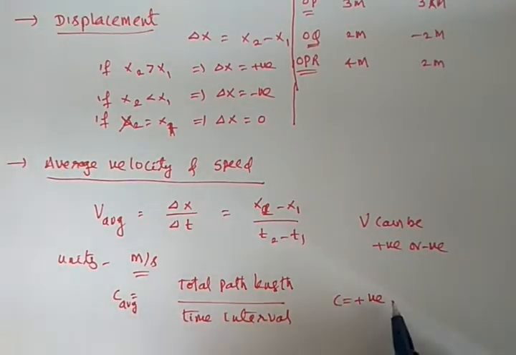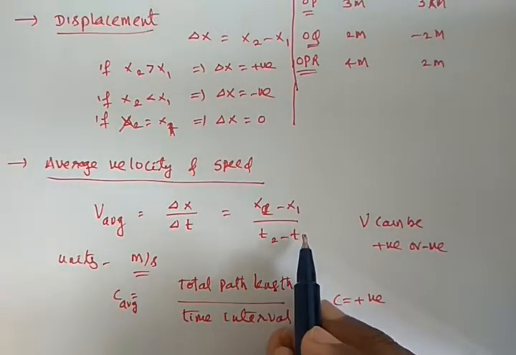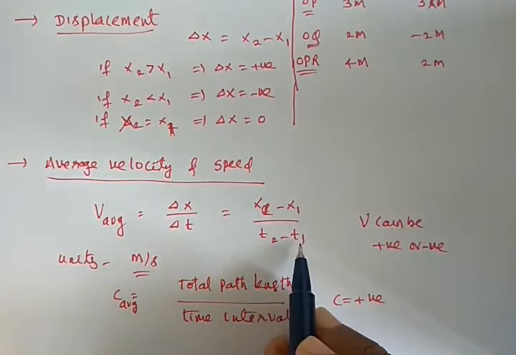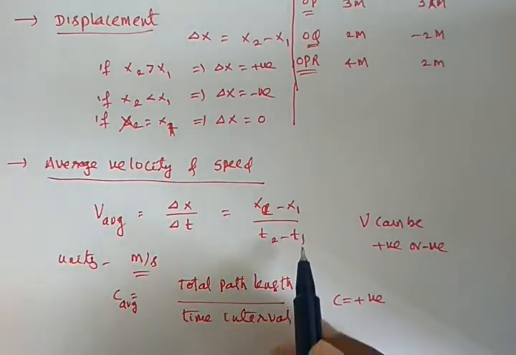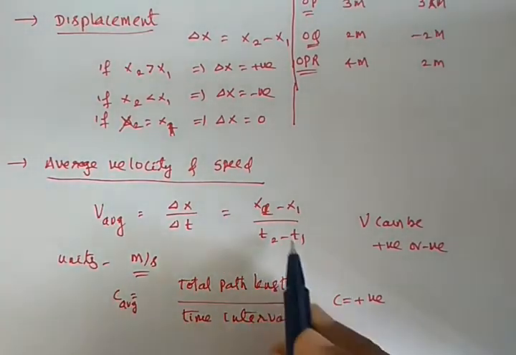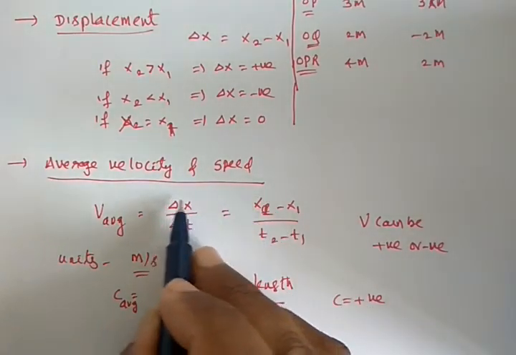C can be only positive because time is measured from 0. Time cannot be negative, and the time interval cannot be negative here and here. But delta x can be negative.